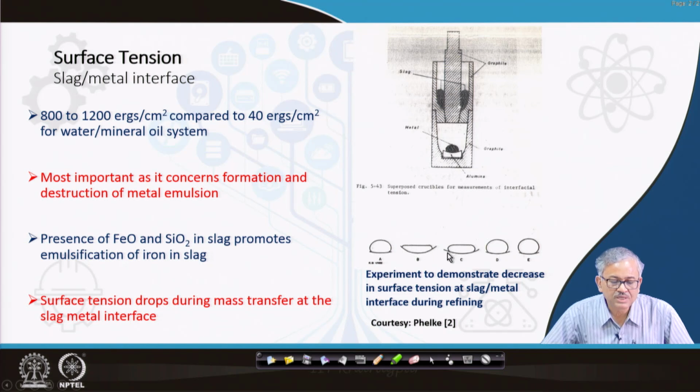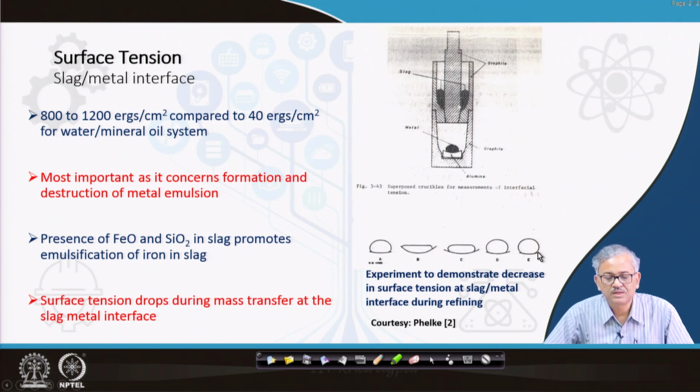And then you can see again the surface tension is increasing, because as the mass transfer is decreasing, the contact angle is increasing. Again the contact angle has increased significantly.